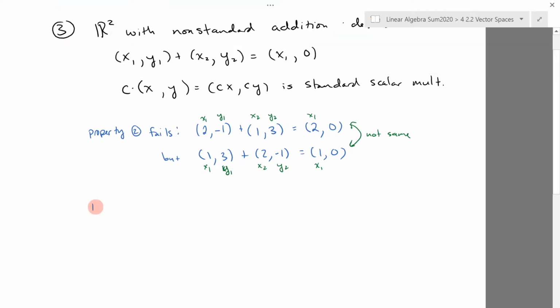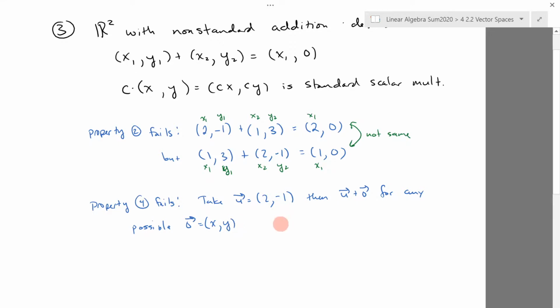So property 4 fails, right? Because if you take, say, u to be the vector 2, -1, then u plus 0 for any possible 0 vector, which I'll call x comma y, right?